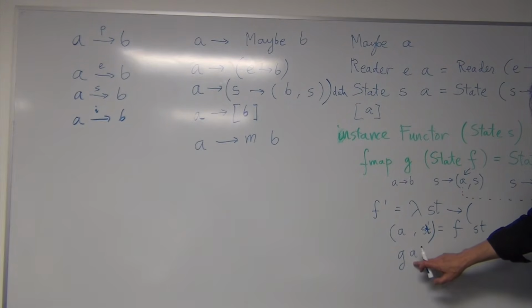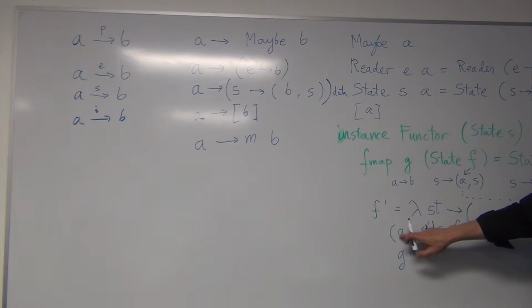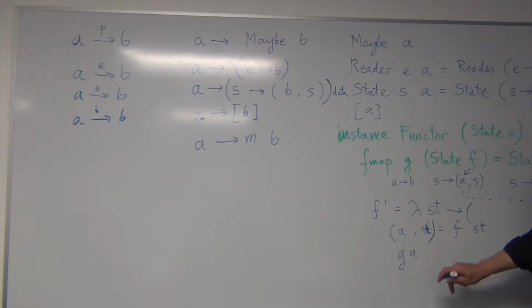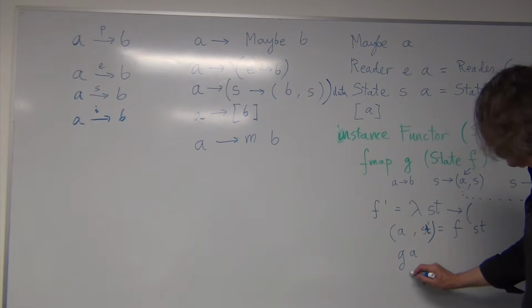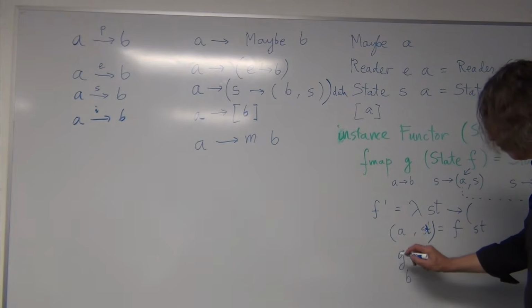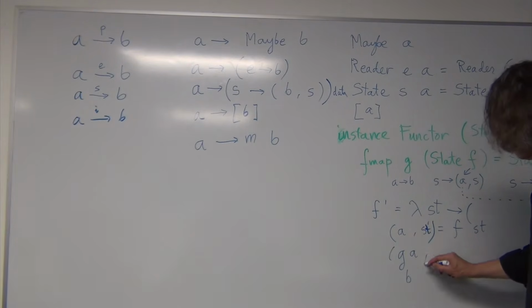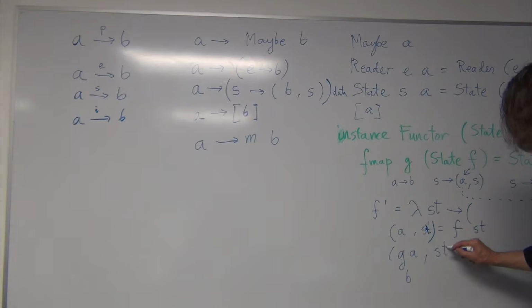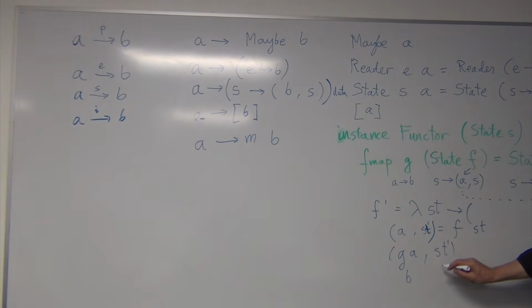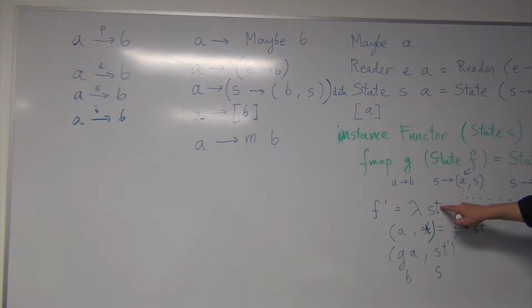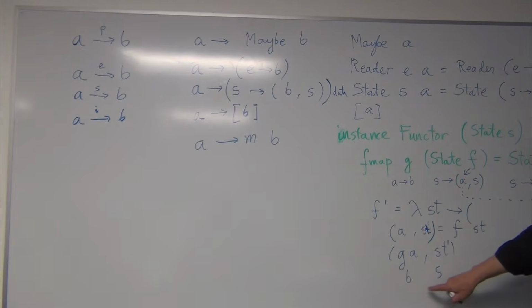So I can apply G to this value A, and this will be of type B, and pair it with this ST prime. And this will be of the type BS. This is exactly what I want. So I have a function that takes state and produces a pair of type BS.